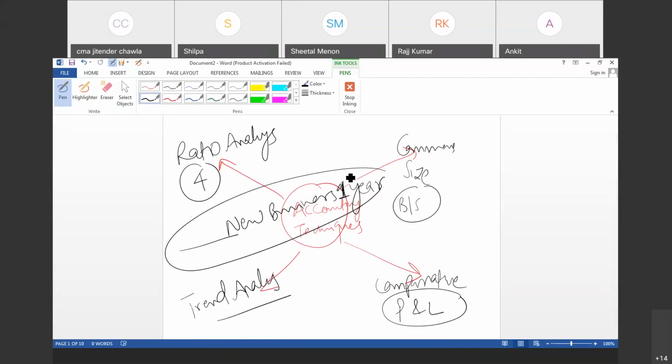Wrong. We cannot use comparative. Yes, Sanket. We cannot use comparative statement because 1 year, right? For comparative, you are required old minus new or new minus old. Either you will use ratio analysis, right? Or you use common size statement.